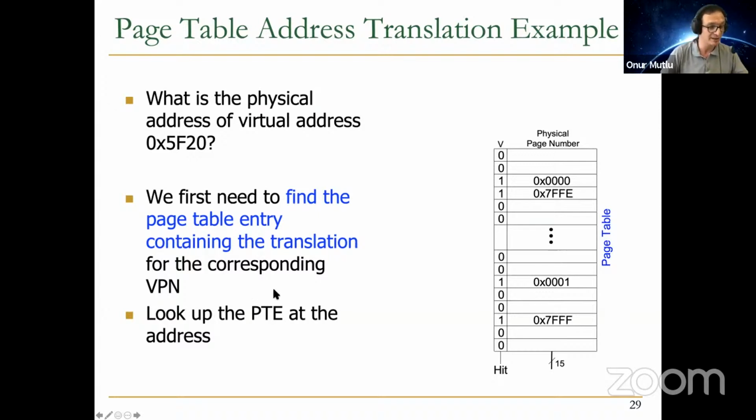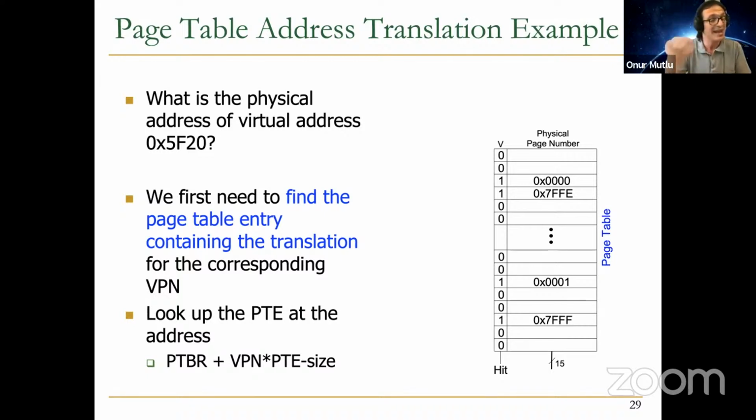And how does the hardware calculate that address? It takes the page table base register, which gives you the base address of the page table. It adds to it the virtual page number times the size of a PTE, page table entry. And that's the memory address of the page table entry that houses the translation for the virtual address that has that virtual page number, right? That's the idea basically. And the hardware needs to generate a memory access to do the translation, as you can see. So there's going to be overhead for us because remember, we said indirection.